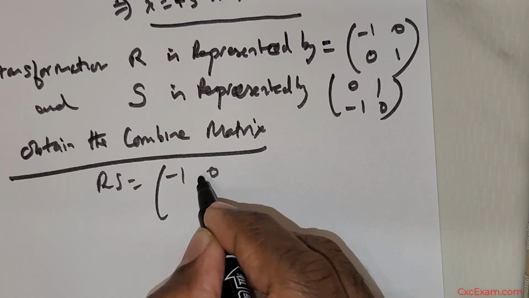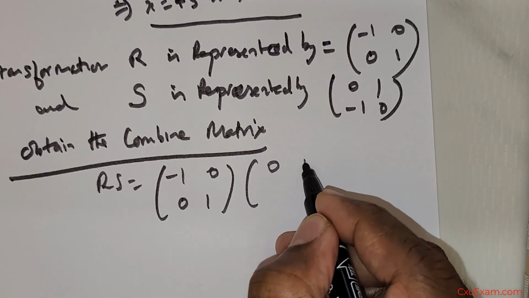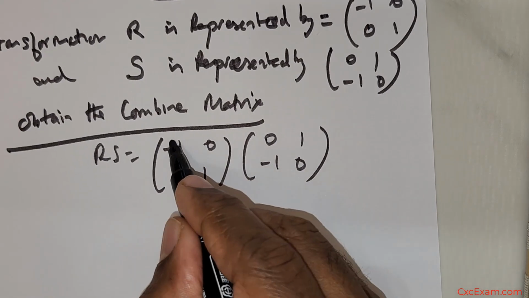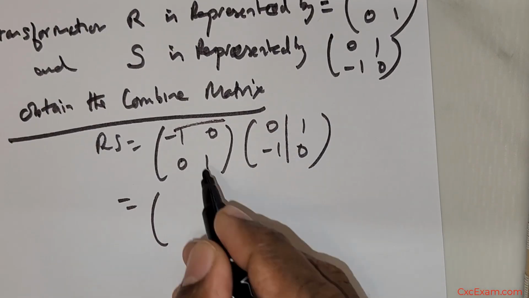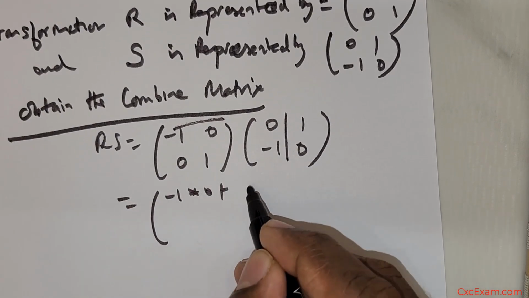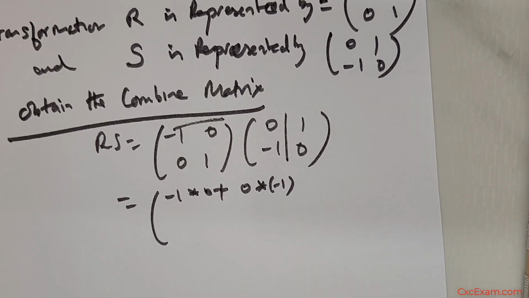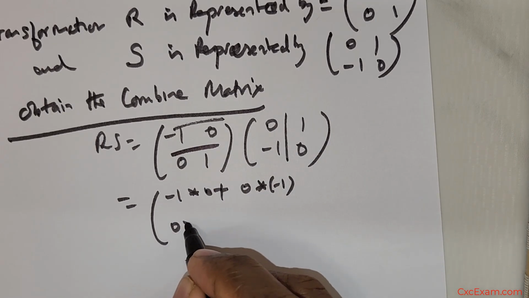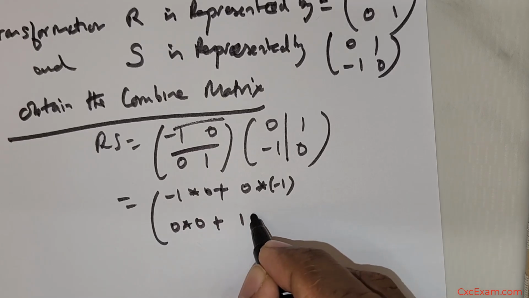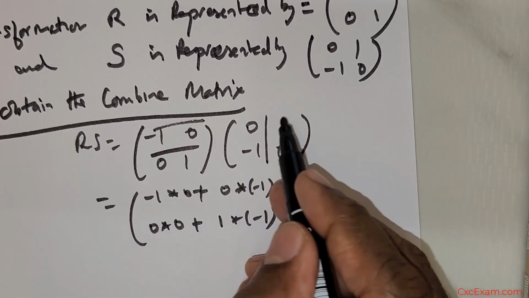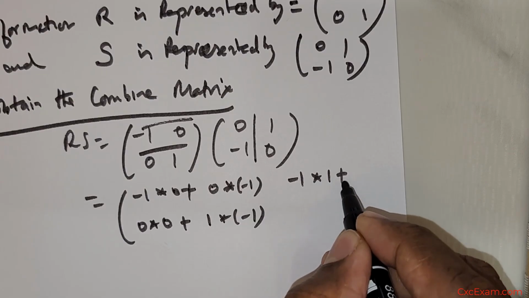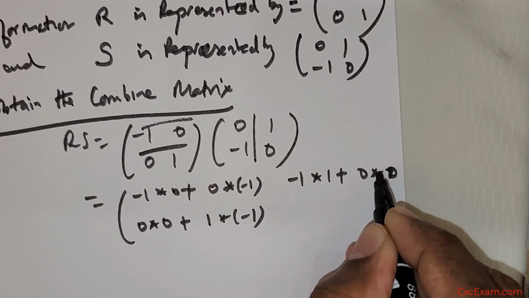So that means you have to take the product, multiplication. So row goes with column. So negative 1 times 0, positive 0 multiplied with negative 1. Then row goes with column. 0 into 0, positive 1 into negative 1. Similarly row into column, negative 1 into 1, positive 0 into 0.